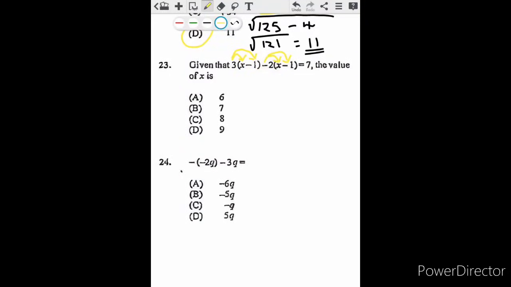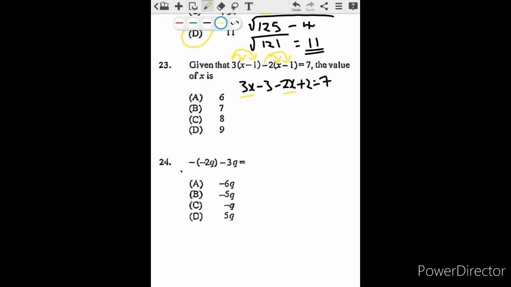Simplifying this, we have 3 times x would give us 3x. Sorry, let's just change the color of our pens. So 3 times x would give us 3x, and 3 times -1 would give us -3, and then -2 by x is -2x, and -2 by -1 gives us a +2 is equal to 7.